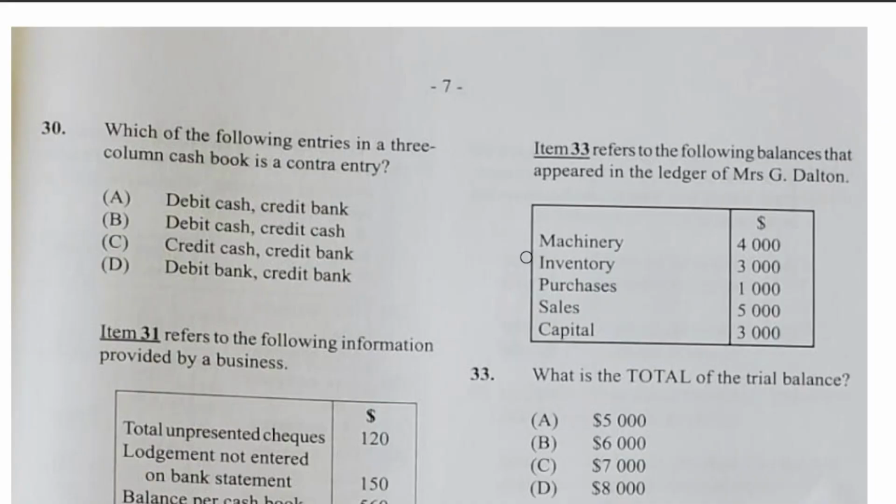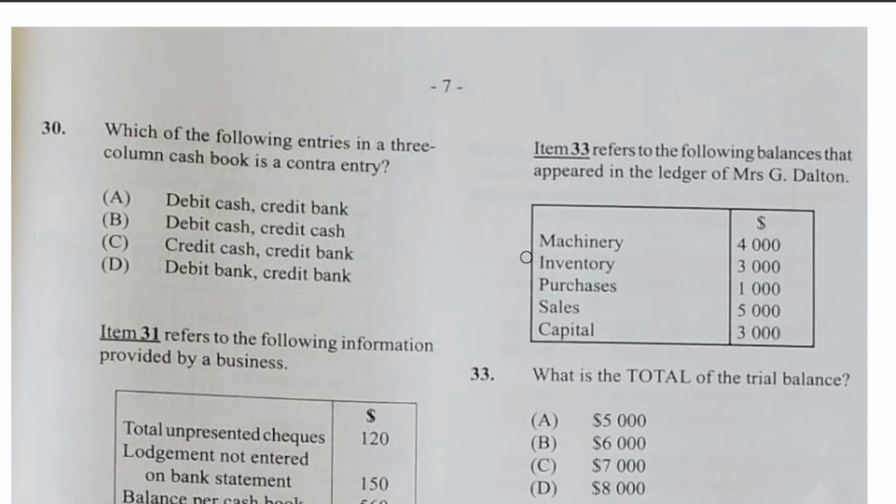Which of the following entries in the 3-column cash book is a contra entry? So basically, you can have two types of contra entry. You have with accounts receivable and accounts payable, or you have cash and bank. In this case, we're dealing with cash and bank, meaning you move money from the cash account to the bank account, or vice versa.